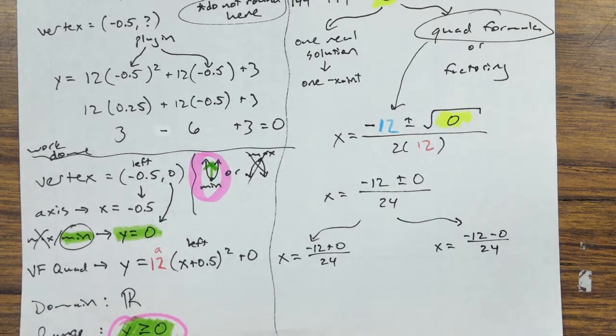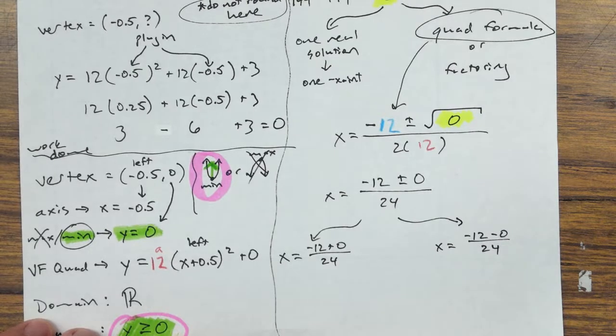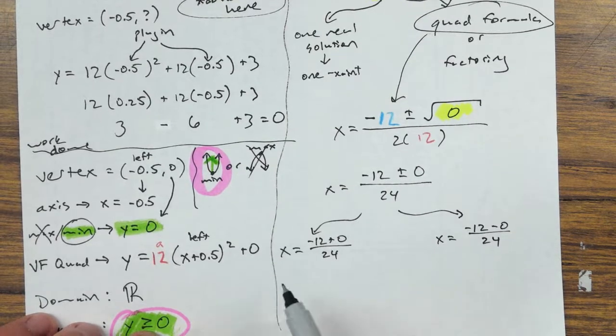Now I want to personally admit to you, because we have a 0, we technically don't have to do that because it's a 0. Okay? But if it wasn't a 0, would we have to do that? Yes. So for notes, I'm going to do it the way we always are supposed to do it, just because I want you guys to have good habits. And then if it is a 0, you can make the appropriate adjustment.